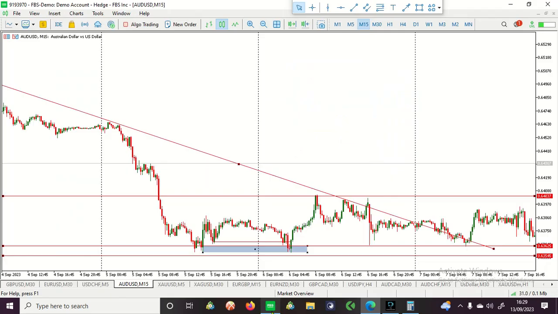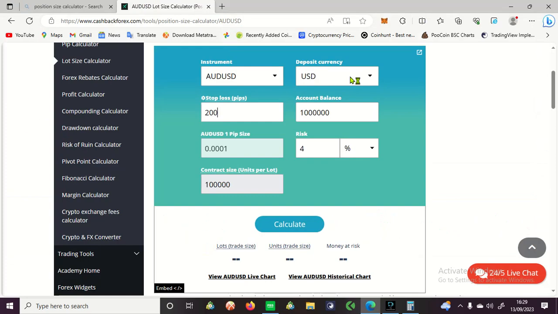So the analysis was on AUD USD, and then we go back to that very website. You see AUD USD, and our currency is on USD. Now, let me say we are trading with a 5,000, or let me say 10,000 account. Our account size is like 10,000, and we risk 1% of the account in each trade we take.